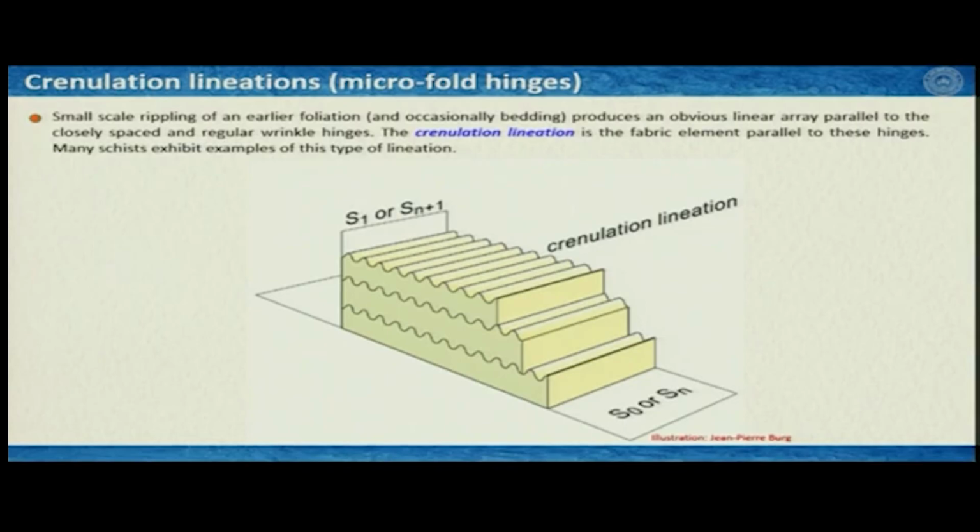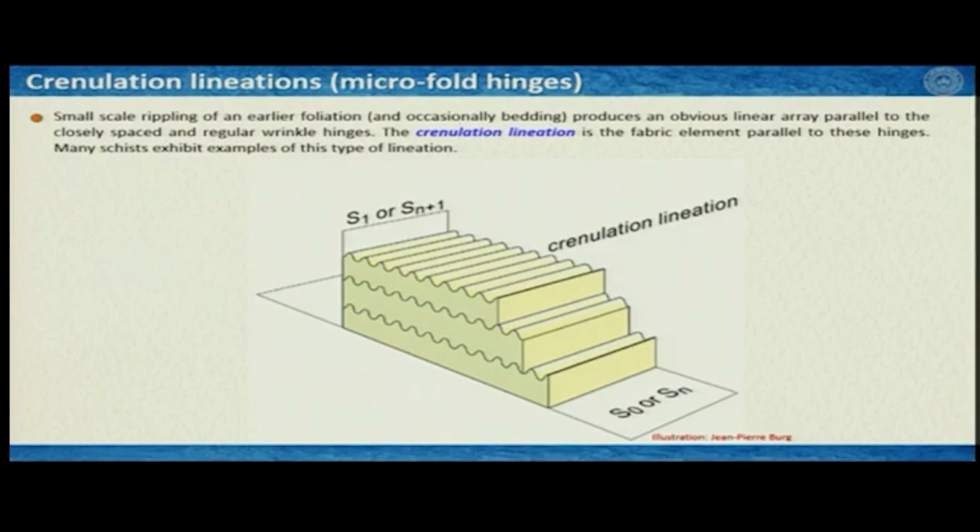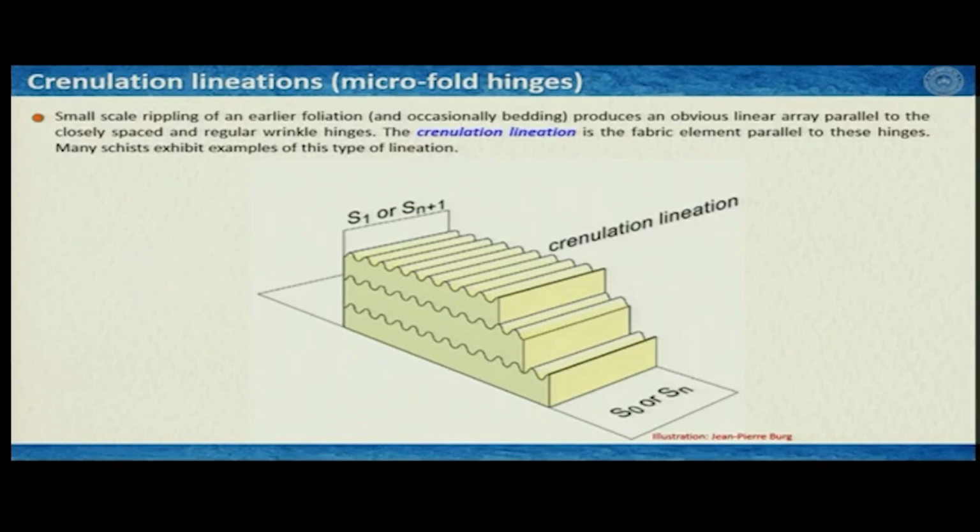The crenulation lineation is the fabric element parallel to these hinges, and most of the schists exhibit examples of this type of lineations. So, crenulation lineations indicate the presence of the second stage of deformation.